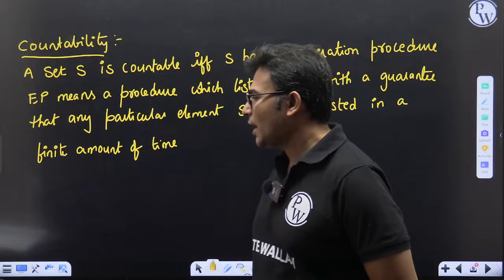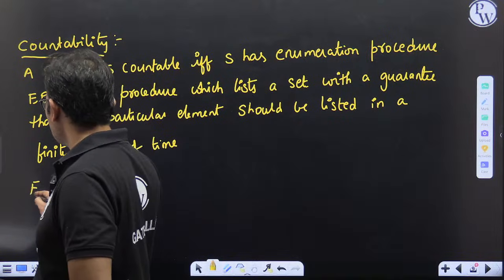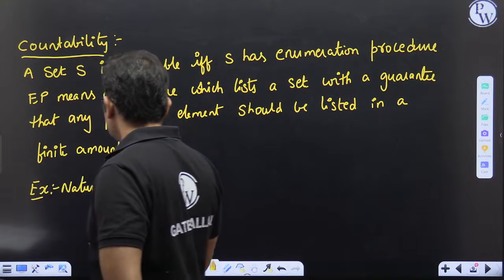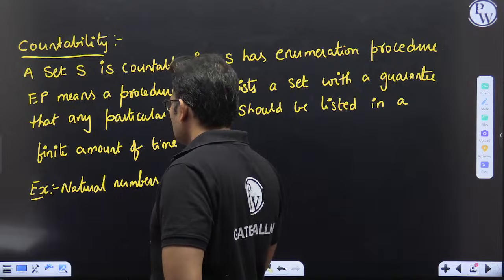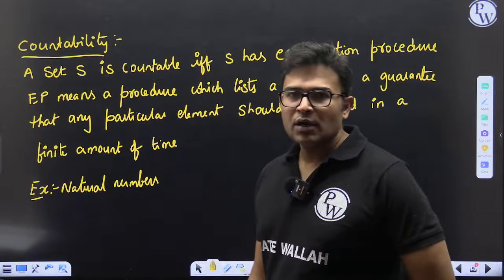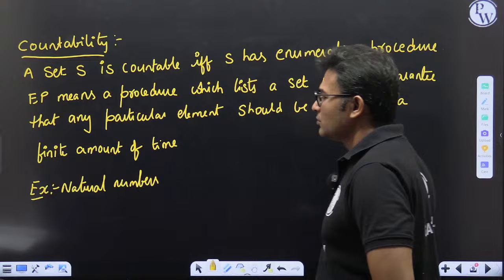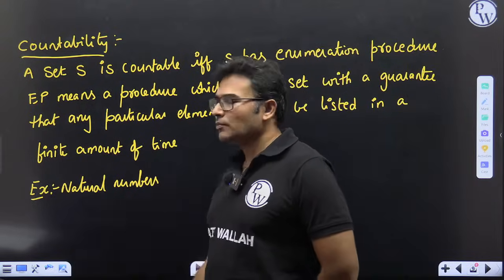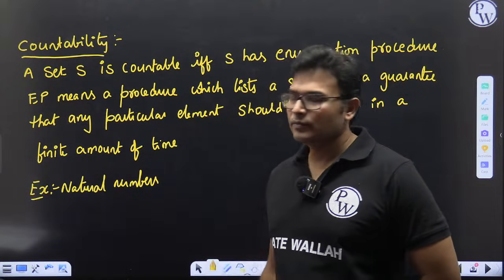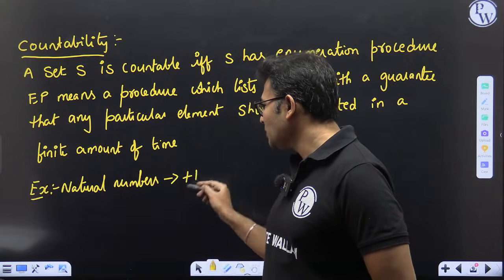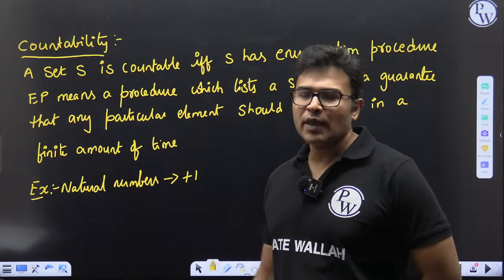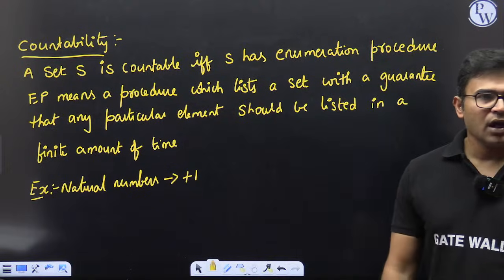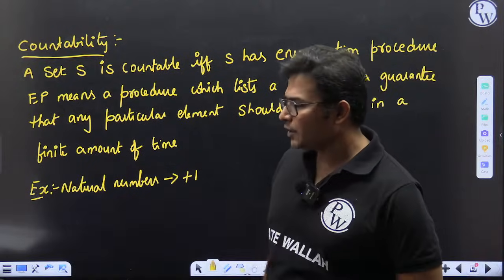For example, if I take natural numbers, I can get all the natural numbers starting from 1. I will start with 1, and in every step I will do +1. Then you give me any natural number, I can generate it after a finite amount of time.